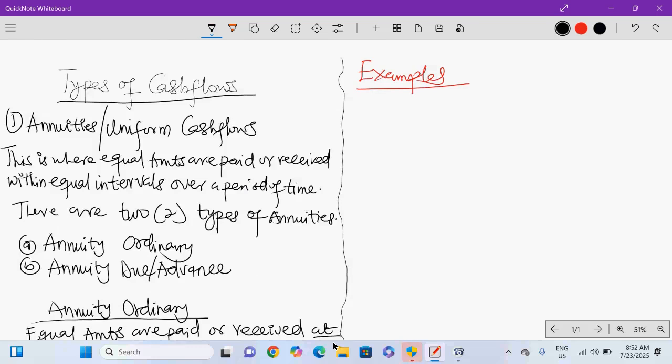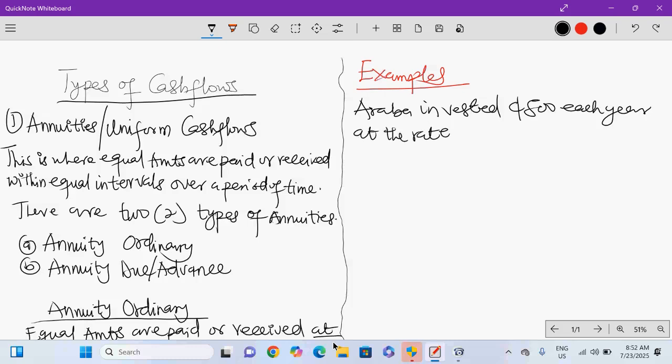All right. So, example. Araba invested 500 cedis each year at a rate of 10% for 5 years.